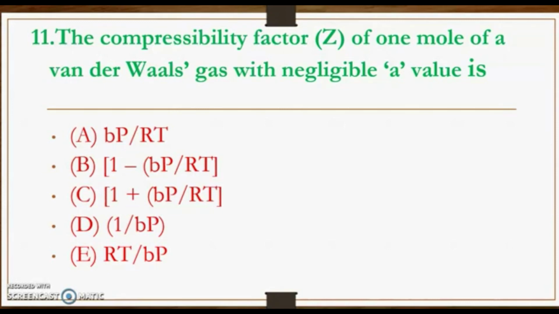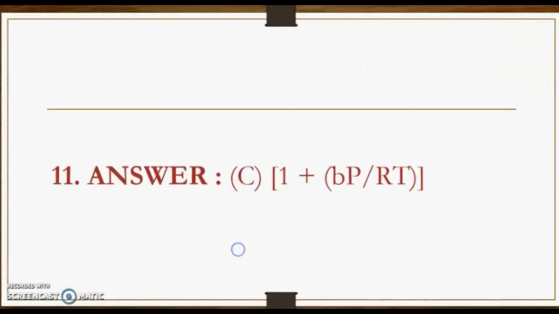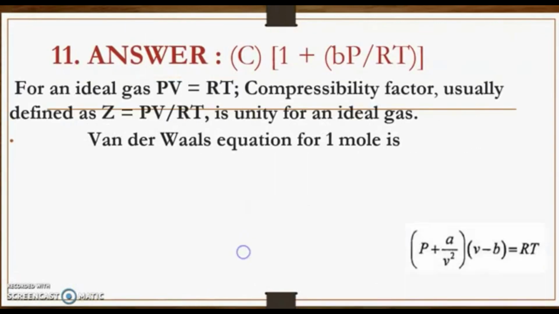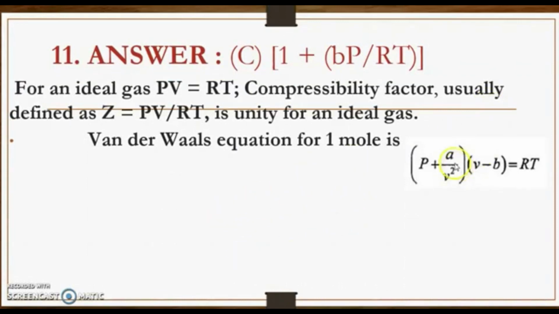So PV by RT is this. In the case of real gases, we take the van der Waals equation of state as P plus a by V square into V minus b is equal to RT for 1 mole. From that, let's go for the answer. So this is the van der Waals equation, P plus a by V square into V minus b is equal to RT.